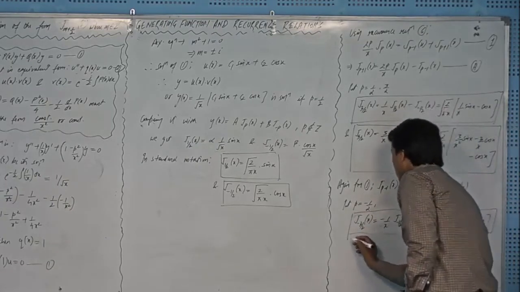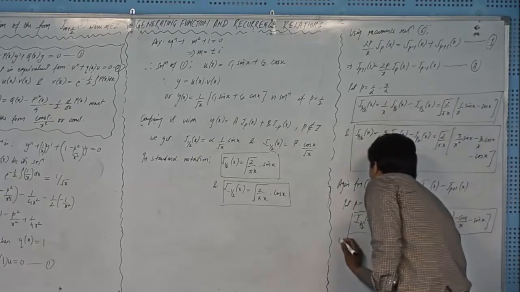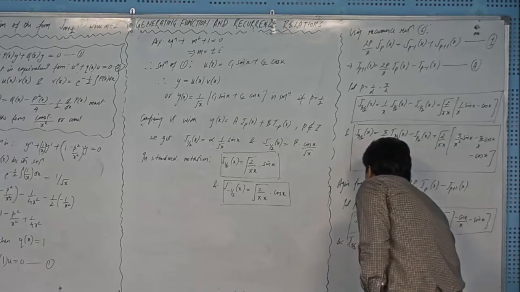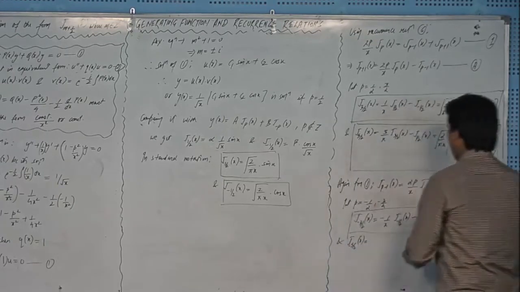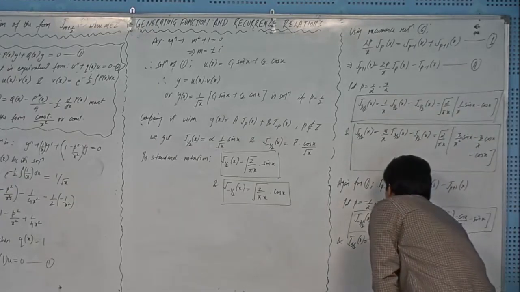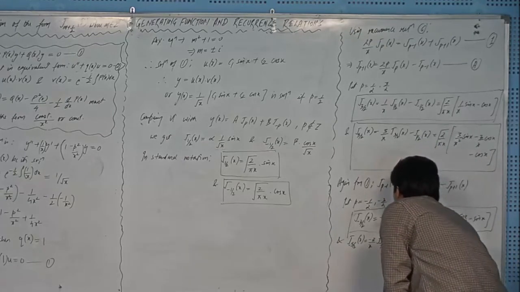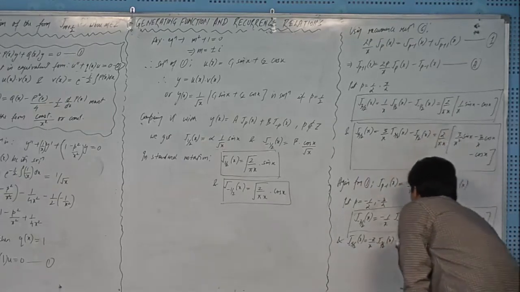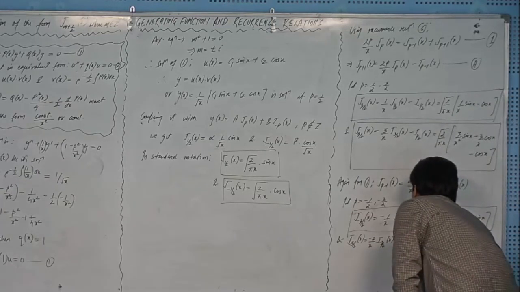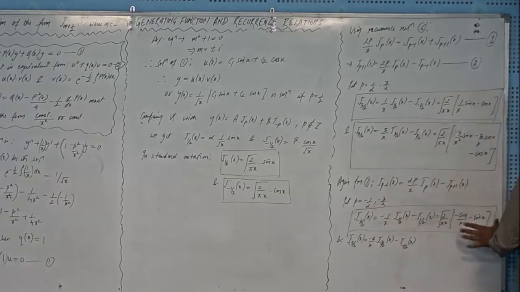Similarly, we can obtain on putting minus 3/2, right? If I put p equal to minus 3/2, it will give me J minus 5/2 x equal to minus 3 by x J of minus 3/2 x minus (3/2 plus 1)... J minus 1/2 x. And using these values, J minus 3/2 is this much.